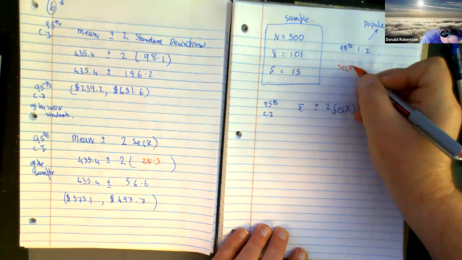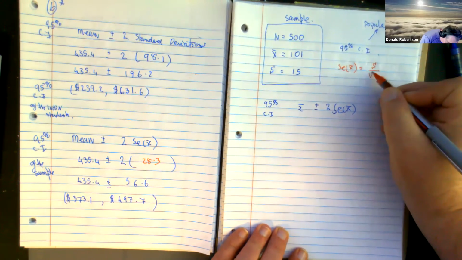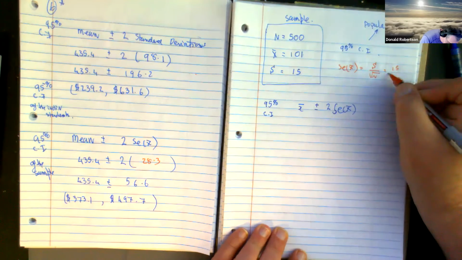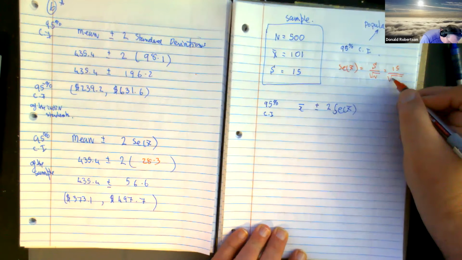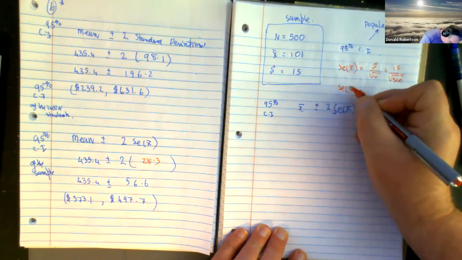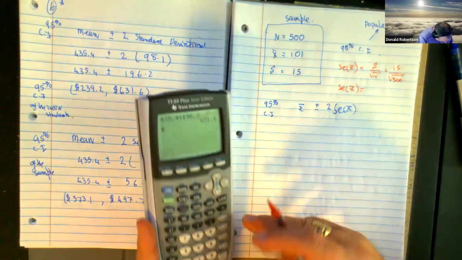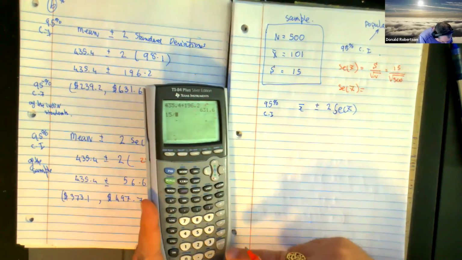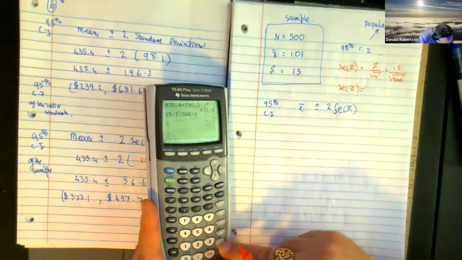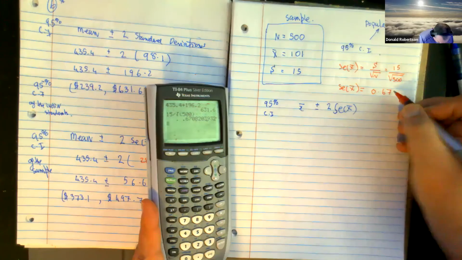And the standard error of the sample is its standard deviation divided by the square root of n, which is 15 divided by the square root of 500. So the standard error, it's a typical type of question, is going to be 15 divided by the square root of 500. It should be nice and small, yeah, 0.67 to 2 decimal places.